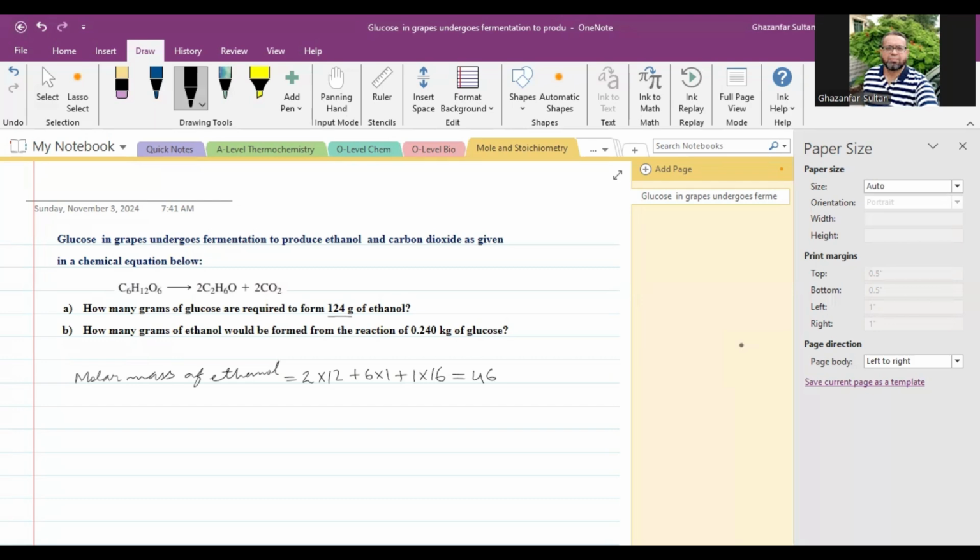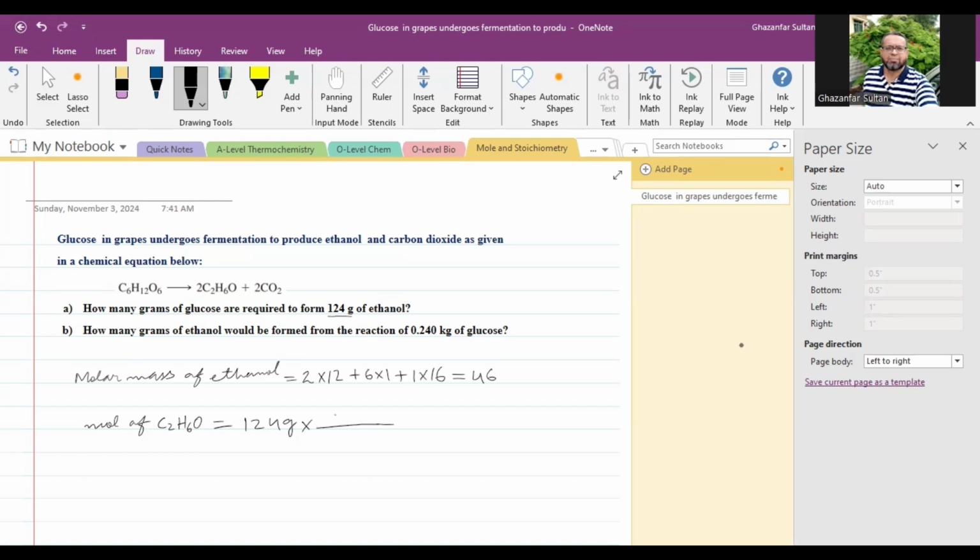Now we have to calculate the moles of ethanol, C2H6O. For calculating moles, we know 124 gram is given. So what is the conversion factor?